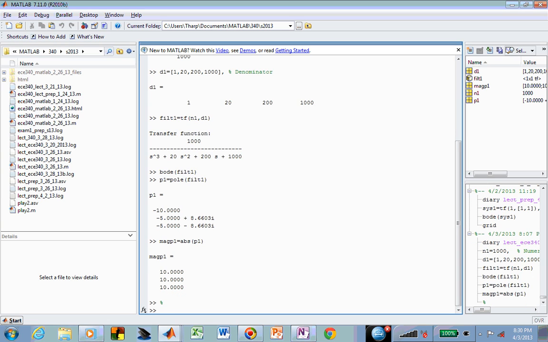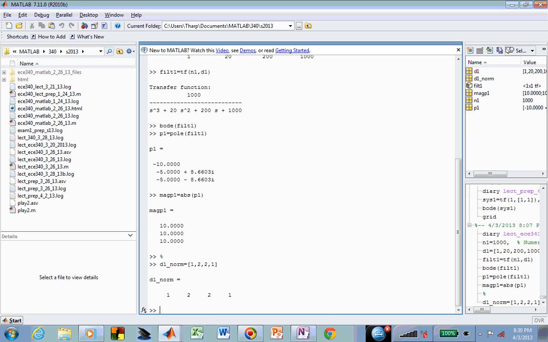If we wanted to build up that filter a little differently, suppose we said, I'd like to play with the normalized filter to begin with. The normalized filter, meaning a bandwidth of 1 radian per second, had the polynomial s cubed plus 2s squared plus 2s plus 1.